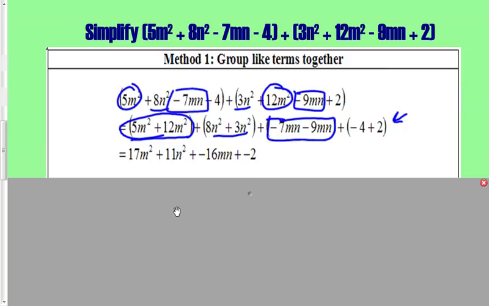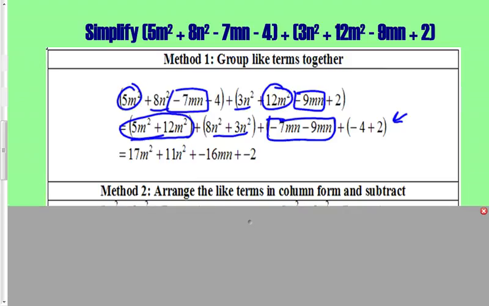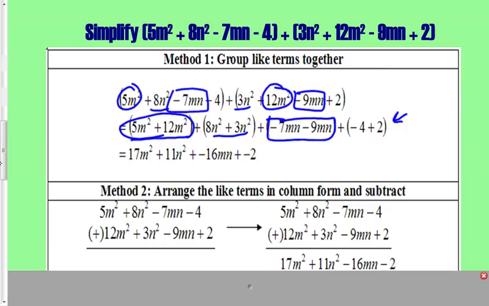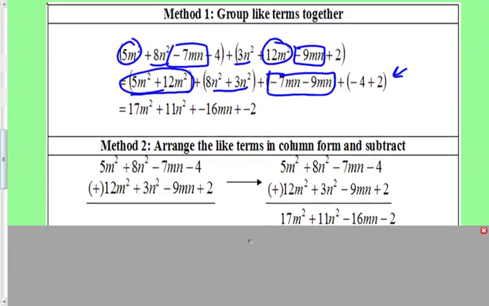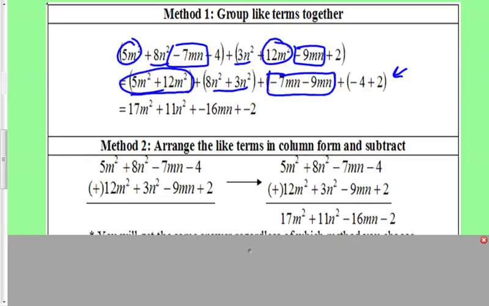Now, this method 2 that I mentioned was arranging them in column form and then adding or subtracting. In this case, we're going to add. So if you line them up by columns, it would be lined up like this. We have them so that all the like terms are lined up. And then we do it like we're adding a 4-digit number. Negative 4 plus 2 is negative 2.